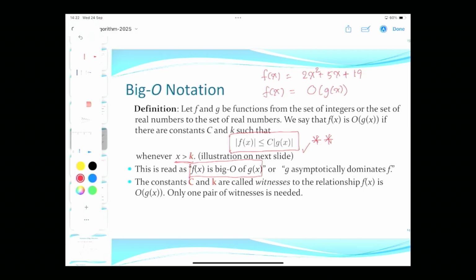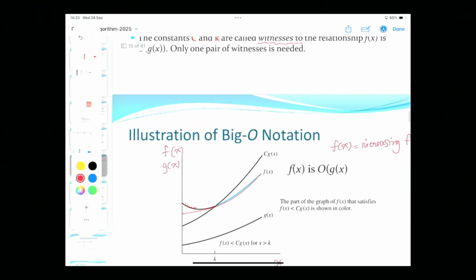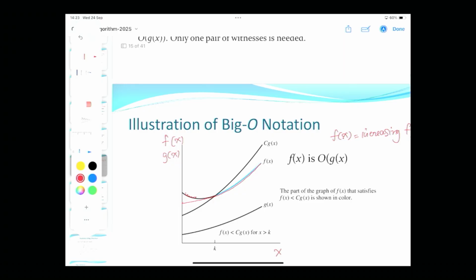C and k are constants. There could be many possible values of c and k that we can use. They are considered as witnesses for this big O relationship. Sounds very abstract, isn't it? We'll see more examples to understand this.